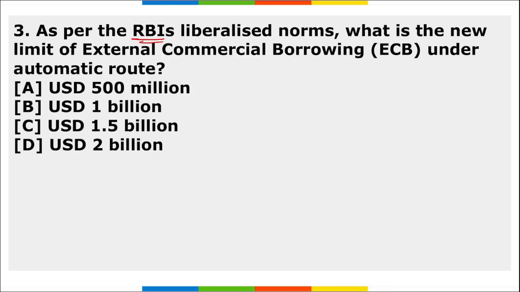Next, as per the RBI's liberalized norms, what is the new limit of external commercial borrowing under the automatic route? The new limit is 1.5 billion US dollars. So the correct option is option C. As per RBI's liberalized norms to boost inflow of foreign exchange, the measures include easing norms for FPI investment in debt market and easing the external commercial borrowing limit under the automatic route from 750 million dollars, or its equivalent, per financial year to 1.5 billion dollars.